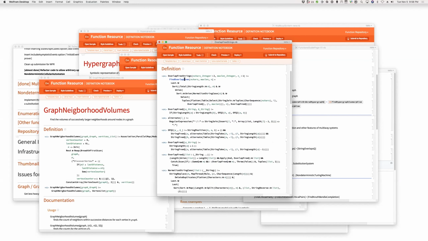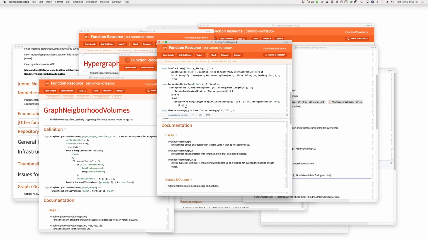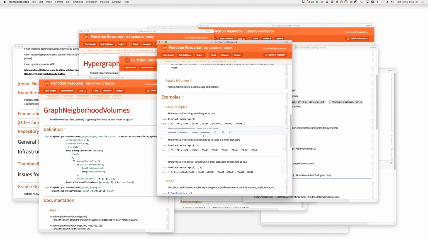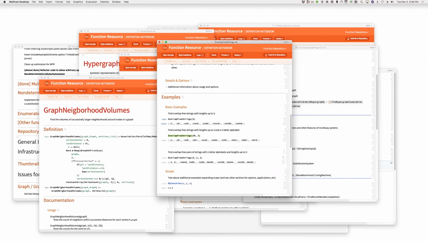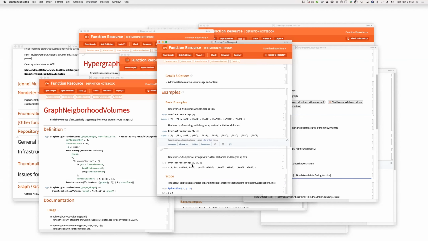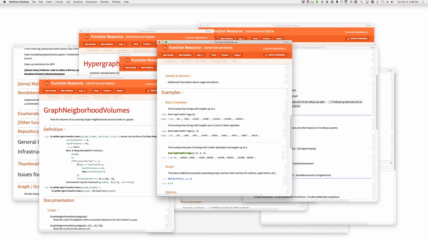What the hell is that doing? Why is find overlap free? So this is 3, 4. 2, 5, 2.